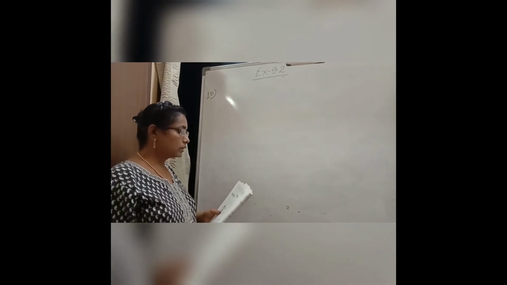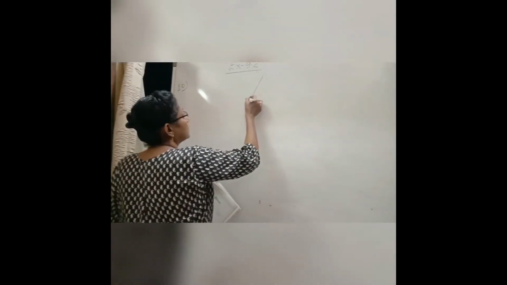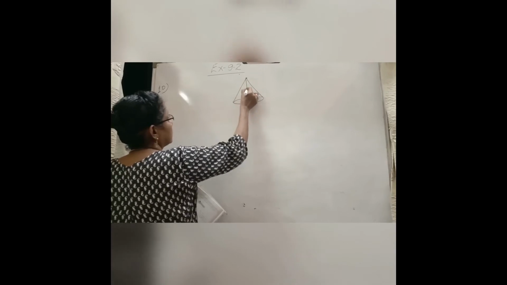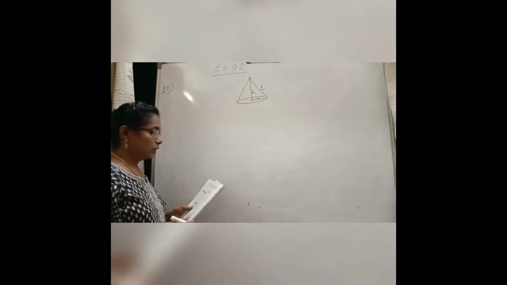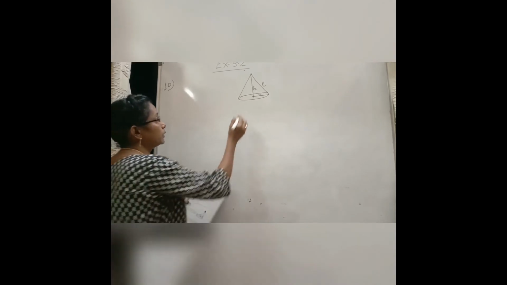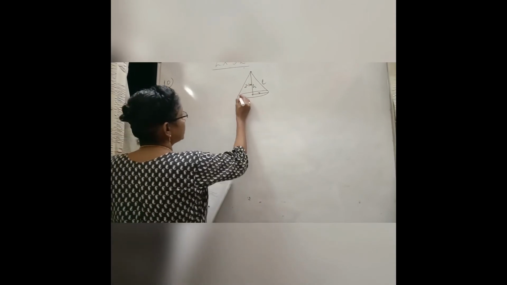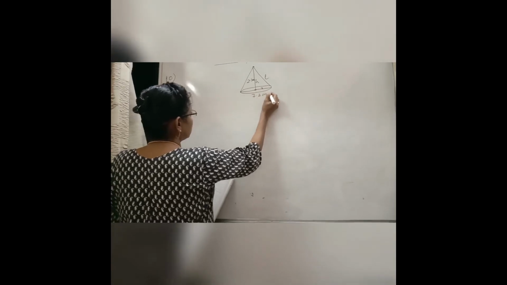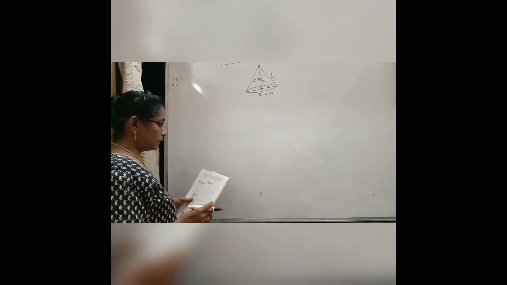Now, in this question, dry fodder for cattle is heaped in a conical shape. It is conical shape. The height of the cone is 2.1 meter. Diameter is 7.2 meter. We have to find the volume of fodder and polythene to be covered.